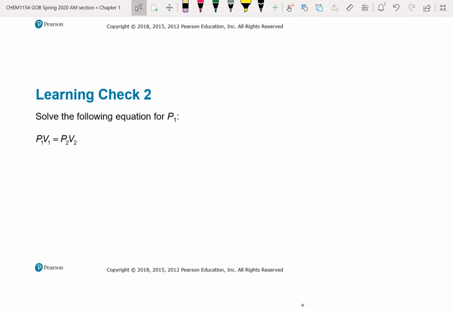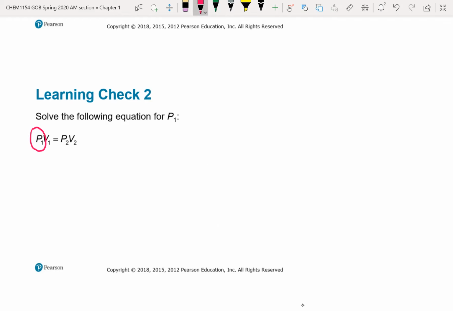Let's take a look at another example. So here I have p subscript 1 times v subscript 1 is equal to p subscript 2 times v subscript 2. And here it is asking you to solve the equation just for p1.